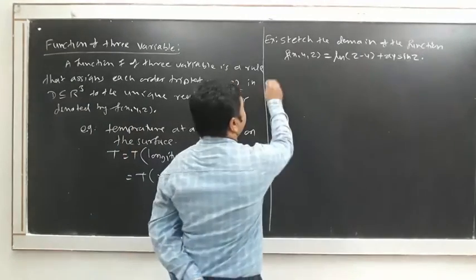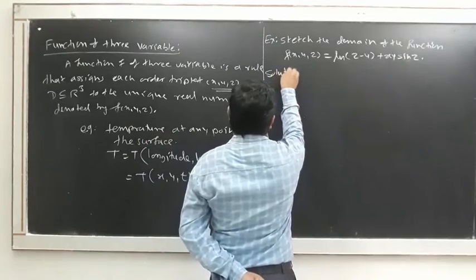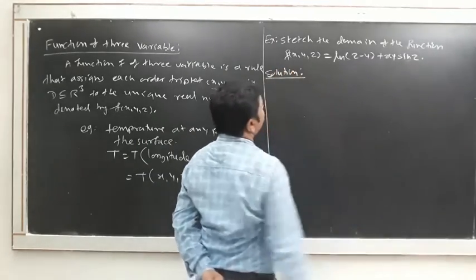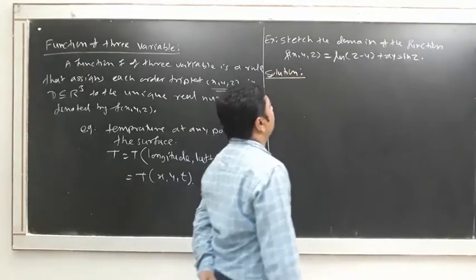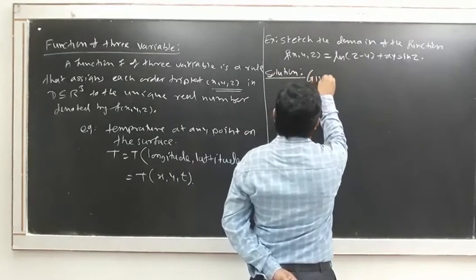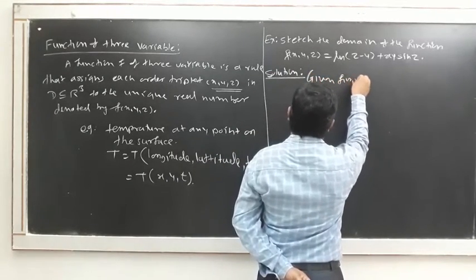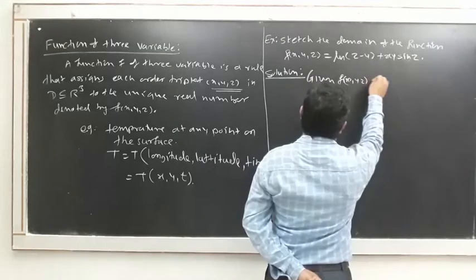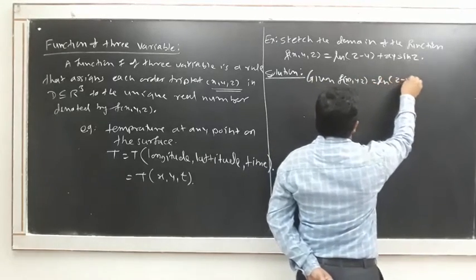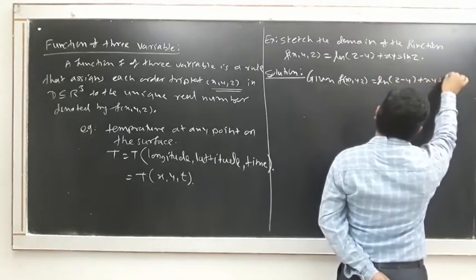So we have to find the domain. The function is f of x, y, z equal to ln of (z minus y) plus xy sin z.